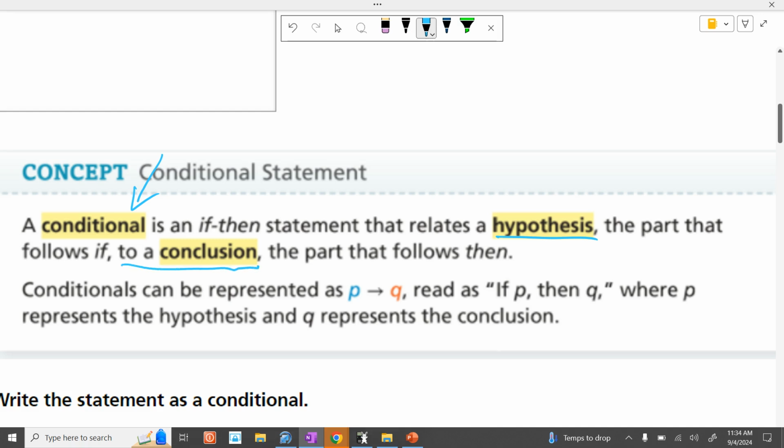That's what you write down for conditional. Then the hypothesis is the part that follows the if. Conclusion is the part that follows the then. Okay? So those are 3 vocab words, and we'll have a few more coming up.